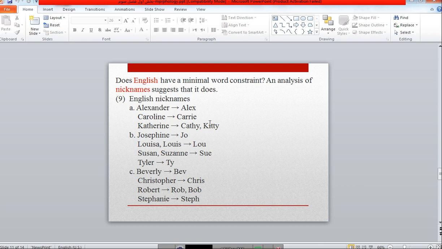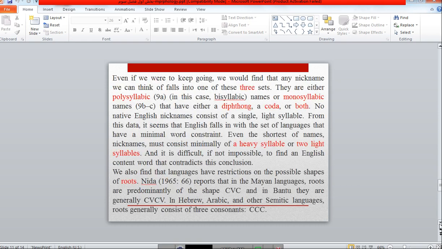So again, English has a minimal word constraint. We also find that languages have restrictions on the possible shapes of roots.